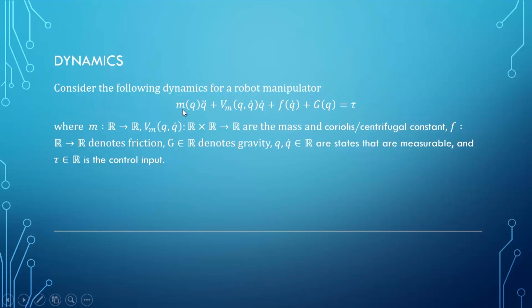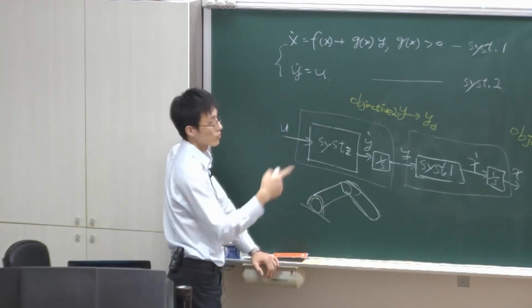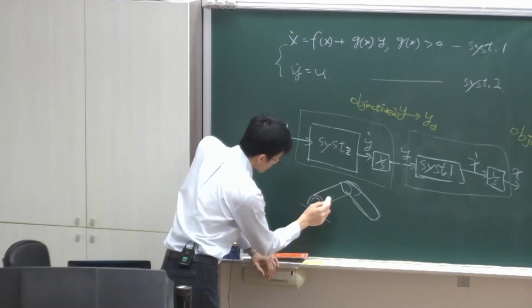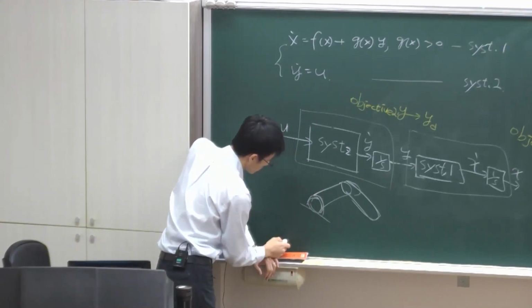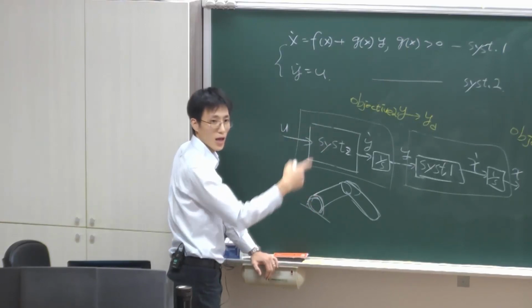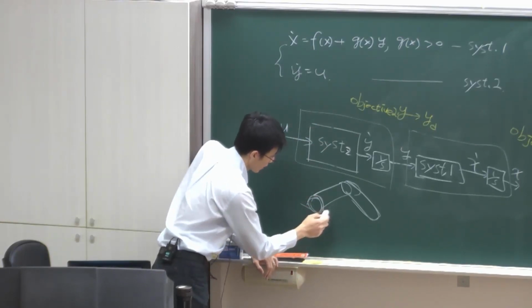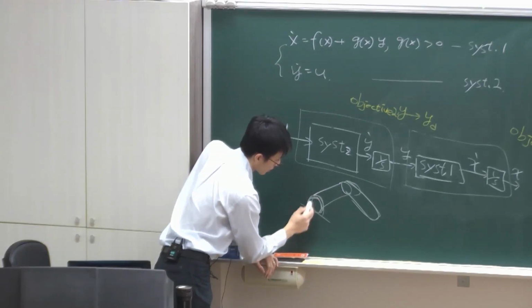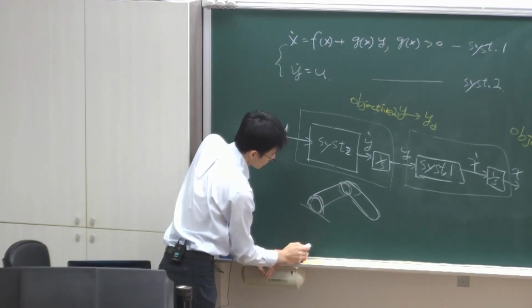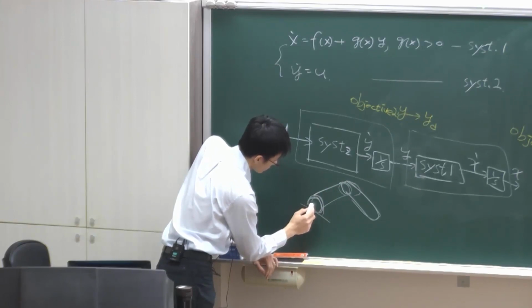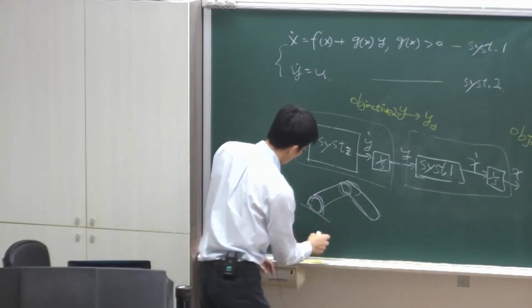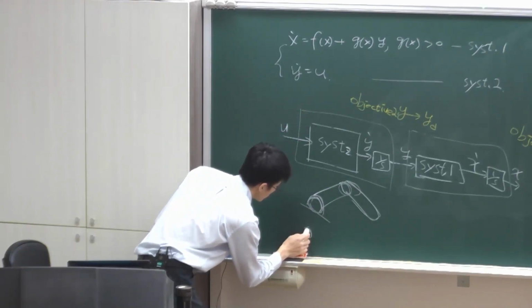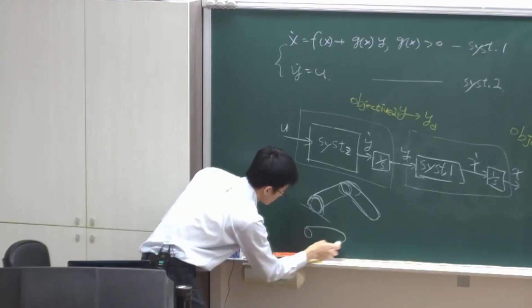Before, we assumed M is a constant. Now it's a function of Q because for two joint robots, the inertia, which is the same as M here, depends on the angle, right? Compare this configuration and this configuration.